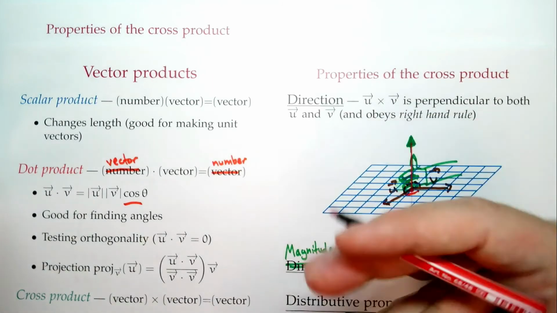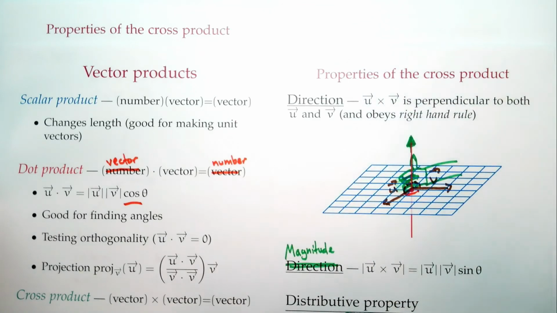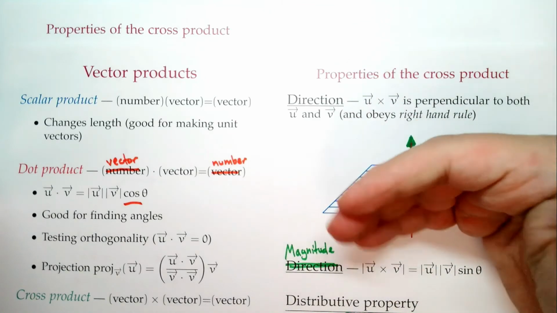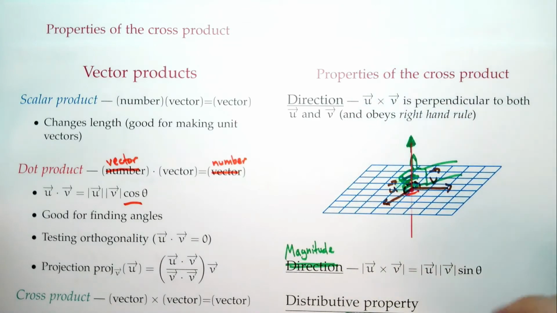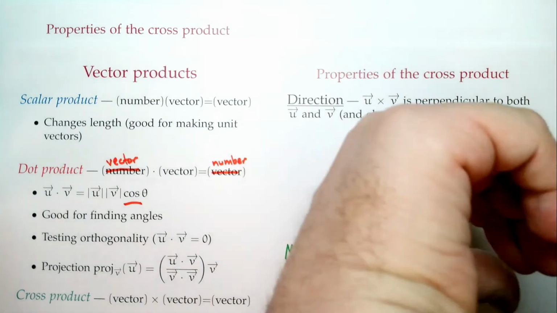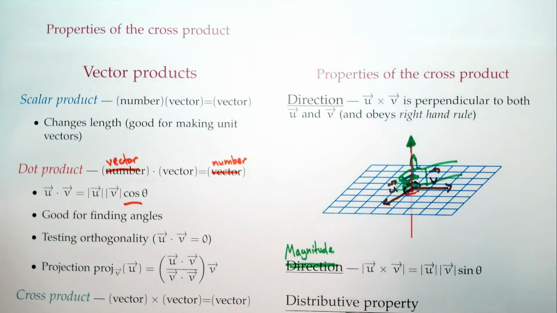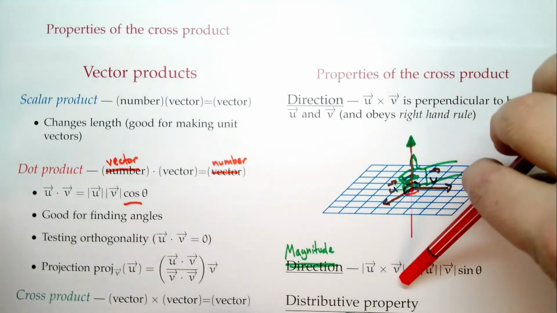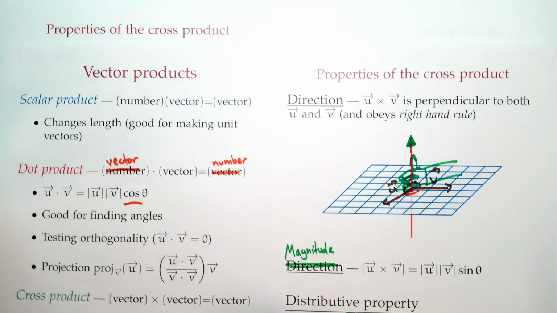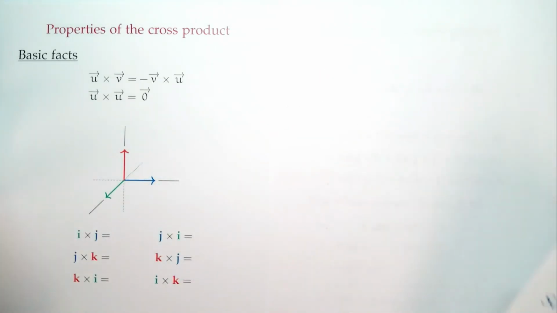Well, the small angle needs to be where your hand closes up. So when you do U cross V, it's pointing up. But if I do V cross U, I need to point down. In other words, I need to reorient. So V cross U is going to cause us to go down. And so that's the reason. All right. U cross U is 0.